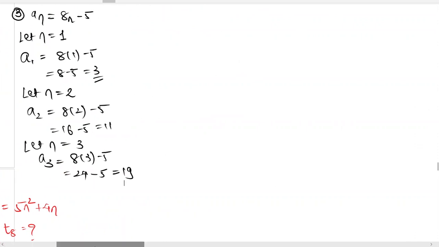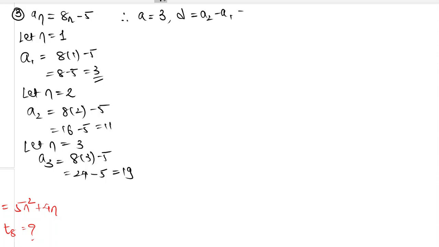Now let's find the AP. Therefore, A is equal to 3 and D is equal to A2 minus A1, that is 11 minus 3, which is 8. So first term is 3 and common difference is 8.